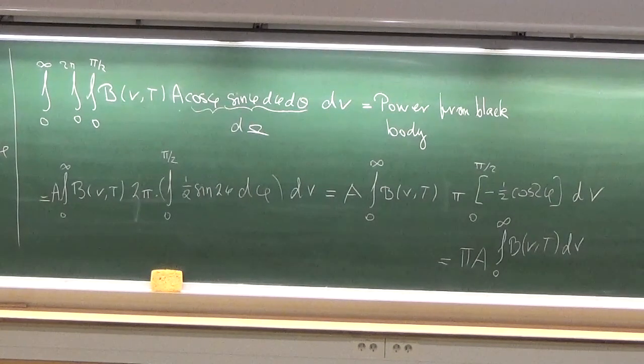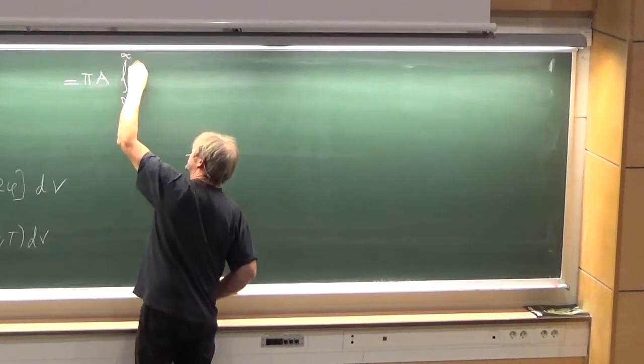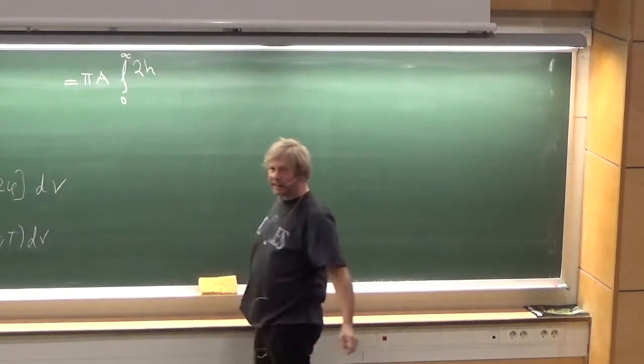Okay, so let's have a look at what B is. It's 2h, where h is Planck's constant.